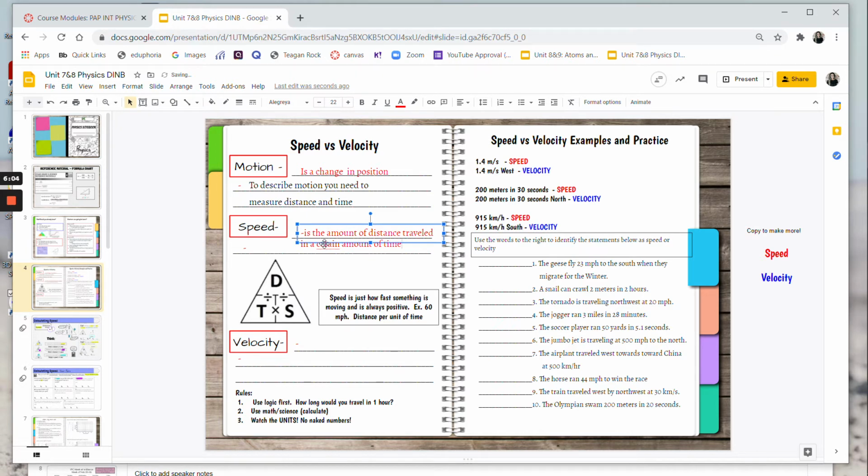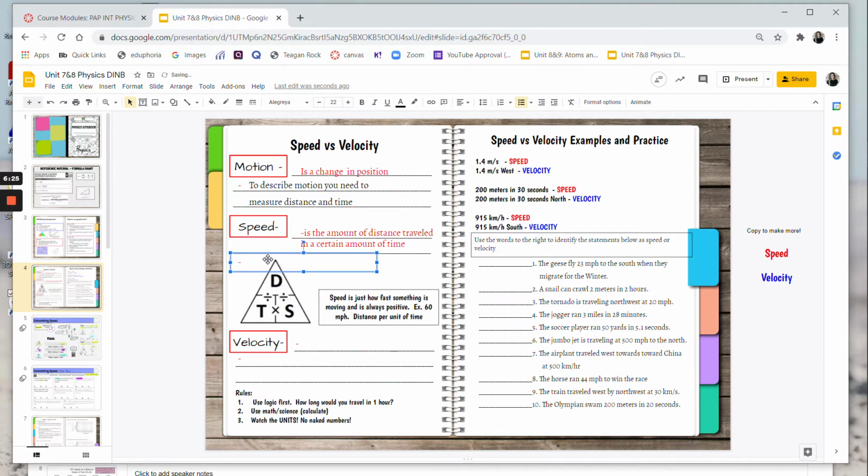So something like if I was going out of town or something, I traveled, let's say, 300 miles in 6 hours. Okay, that would be a speed. How fast I went driving there would be my speed.